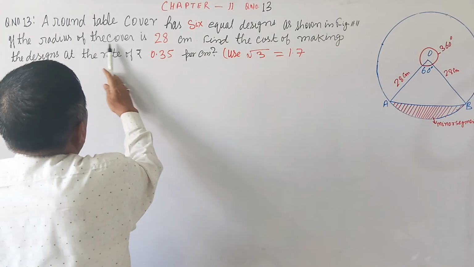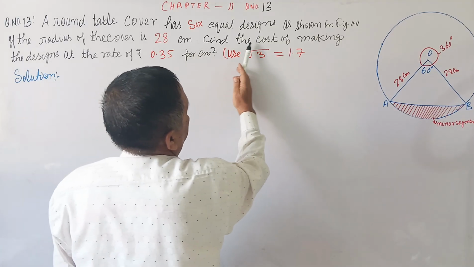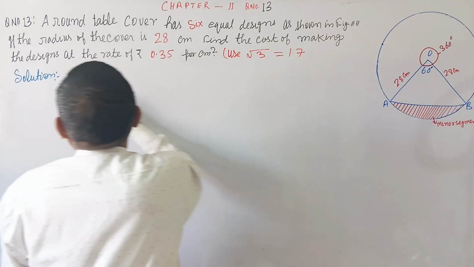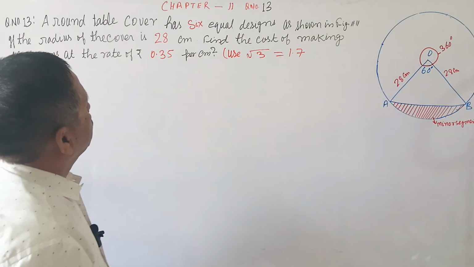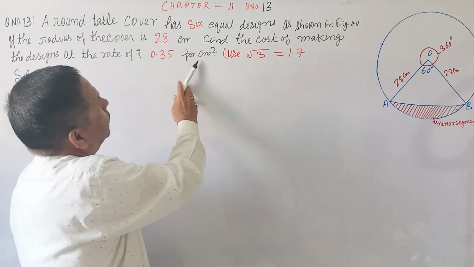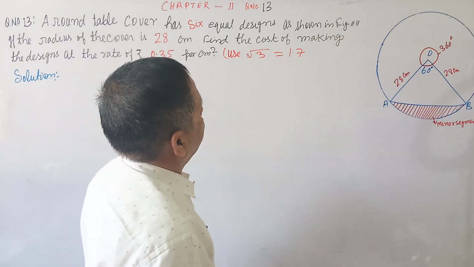If the radius of the cover is 28 cm, find the cost of making the designs at the rate of rupees 0.35 per centimeter square. Use root 3 equals 1.7.